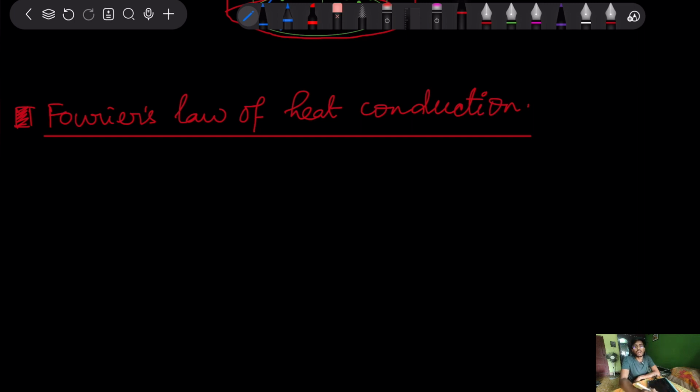Let me tell you, no one can prove this law analytically. Experimentally this can be proved and verified. So before everything, suppose that you have to convey the information that if there is a temperature difference, there is heat flux.